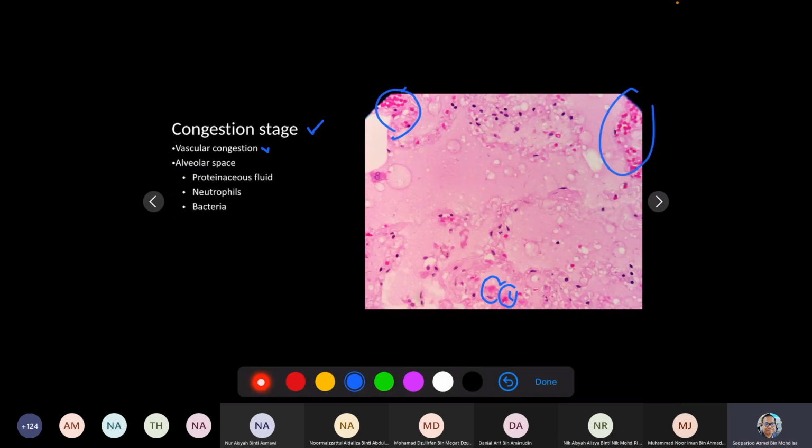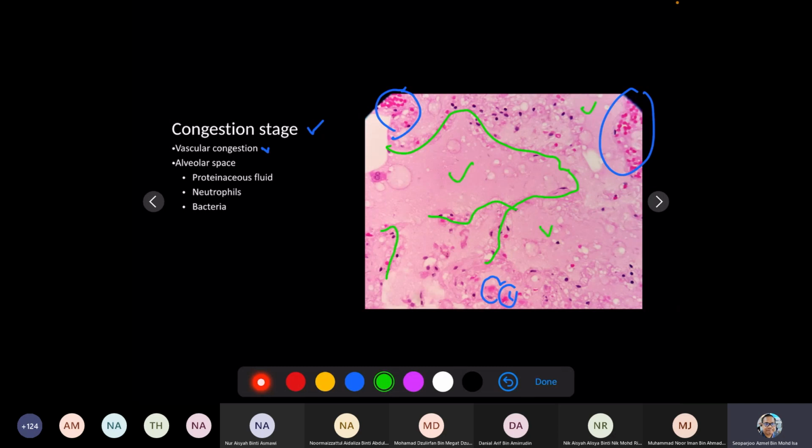These are other vessels that have been filled with red blood cells. All of these are the congested vessels or vascular congestion. And within the alveolar space, I will help you to orientate. This is one alveolar space. You can look clearly, there's some lining there. This is one alveolar space, this is another one, this is another one.